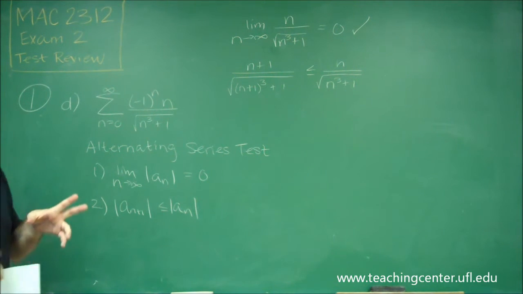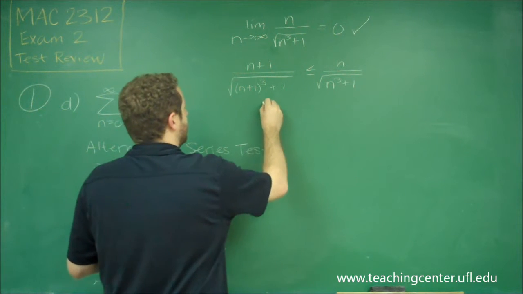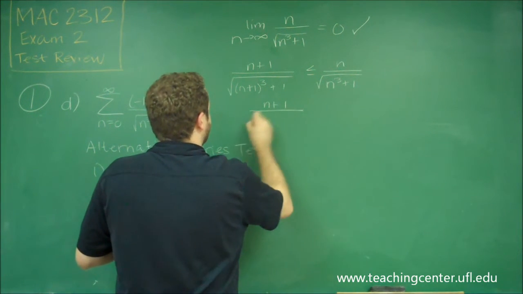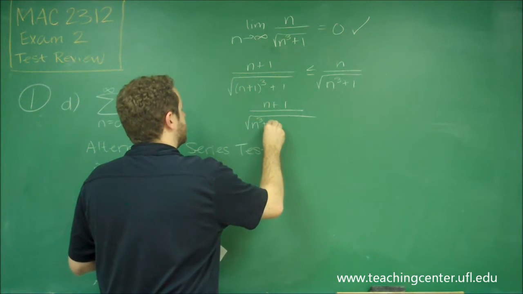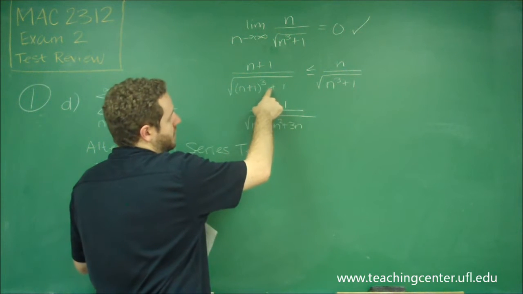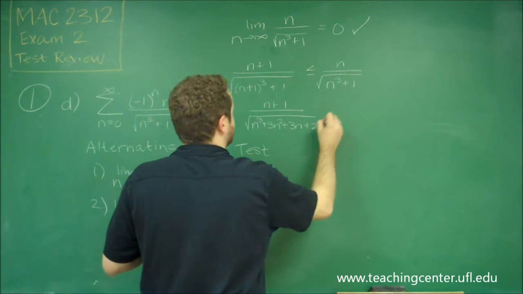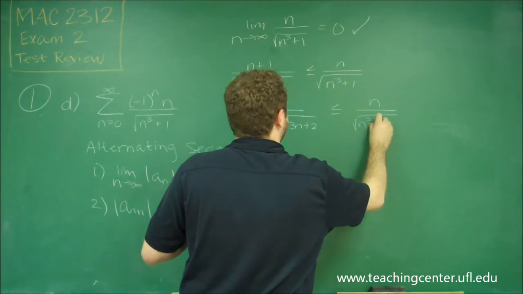So let's see what happens when we expand this. When you expand n plus 1 cubed, you get n cubed plus 3n squared plus 3n plus 1, and we have an additional plus 1, so we get plus 2. This side will stay the same.